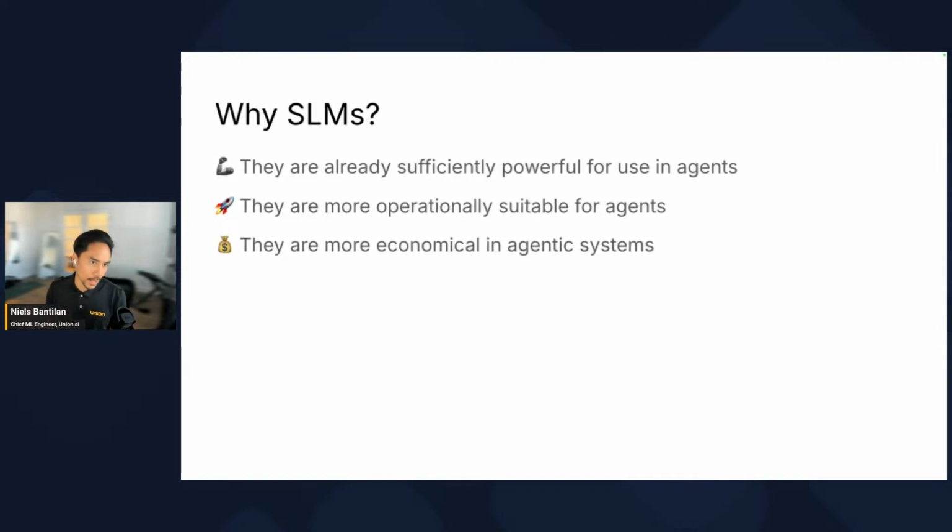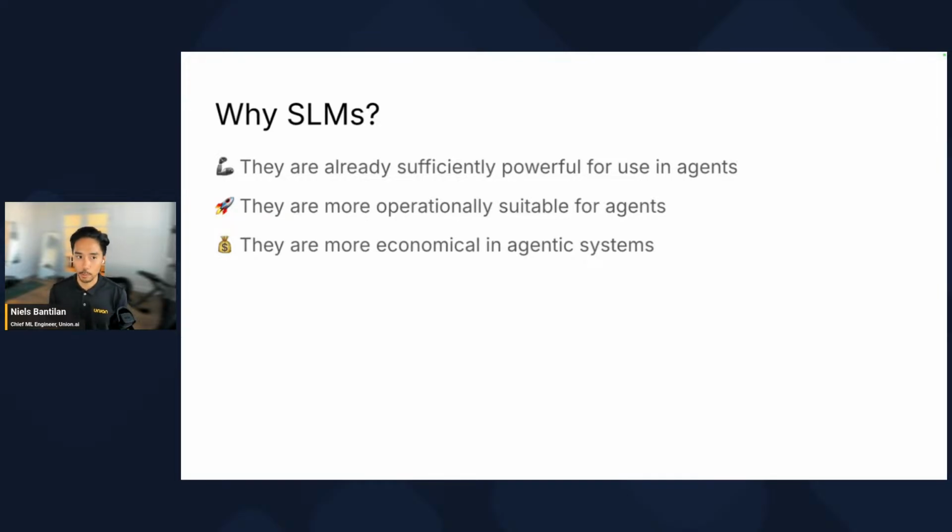To get to the why, I think it's important to note something that not many people know, which is that SLMs are actually quite powerful for some use cases already. They may need a little fine-tuning or prompt optimization that LLMs don't, but if you've played around with them, they're actually quite good at certain tasks.